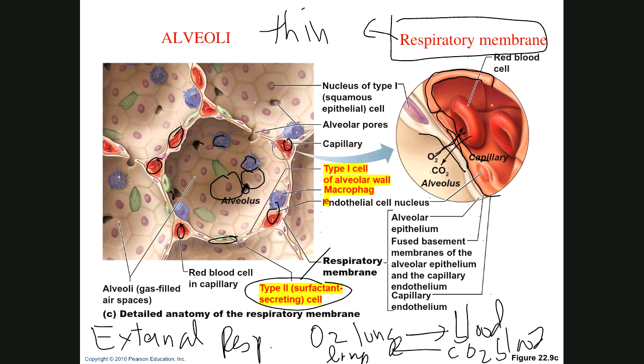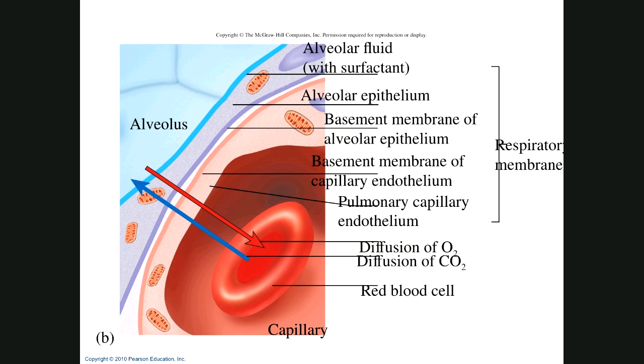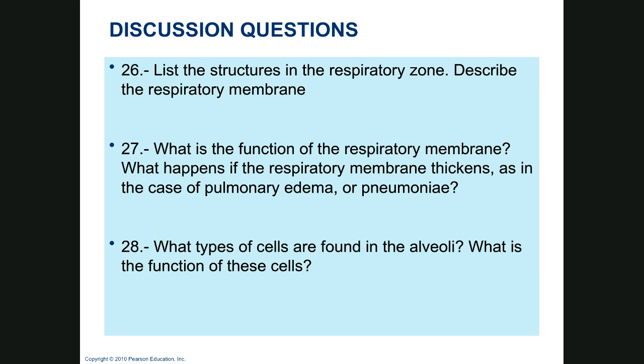You cannot get any thinner than that. Two little flat cells next to each other. So the respiratory membrane is incredibly thin, and that's what permits this exchange of gases. So definitely know what the respiratory membrane is: simple squamous epithelial cell of the alveoli, a little bit of connective tissue, simple squamous epithelial cell of the capillary. We'll go back to this principle of the respiratory membrane being thin in just a second.